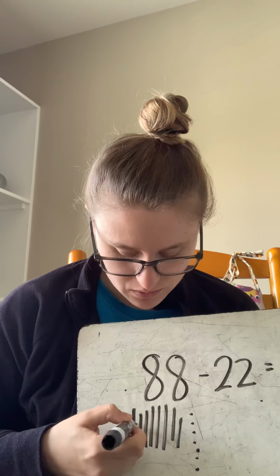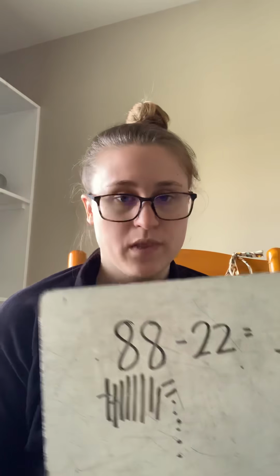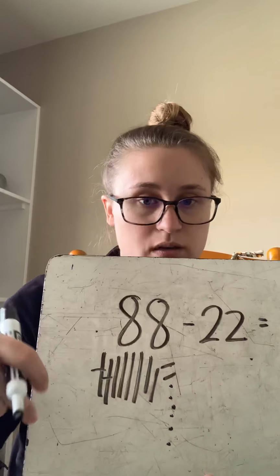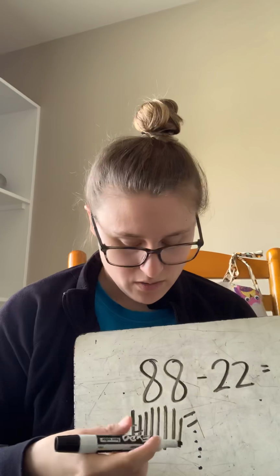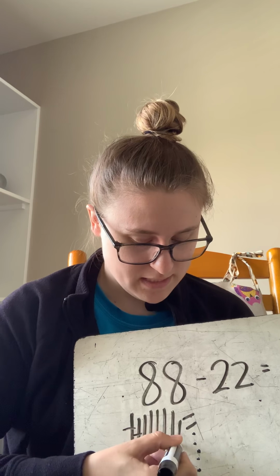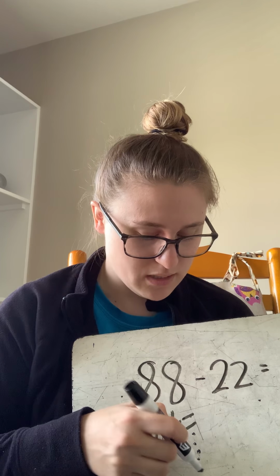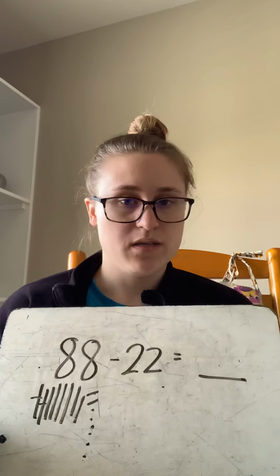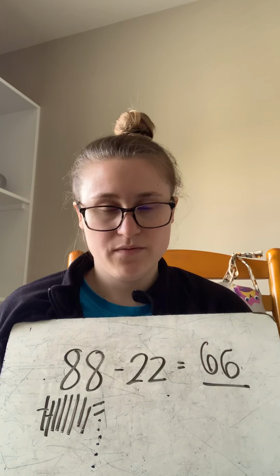So I'm going to take away 2 rods, and then I'm going to take away 2 dots. Then I need to count what I have left. That's why I cross out so that I don't get confused. Okay, so 10, 20, 30, 40, 50, 60, 61, 62, 63, 64, 65, 66. So 88 minus 22, 66.